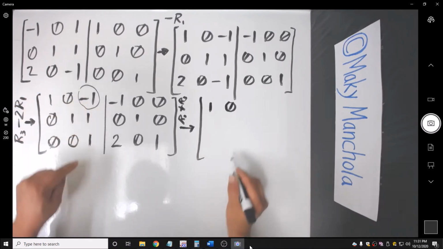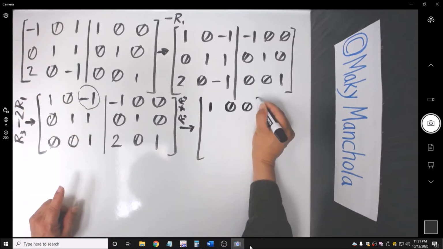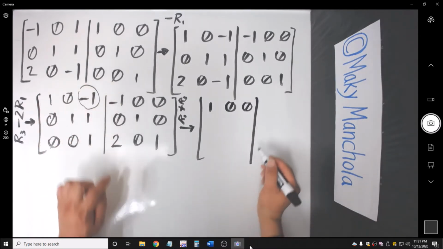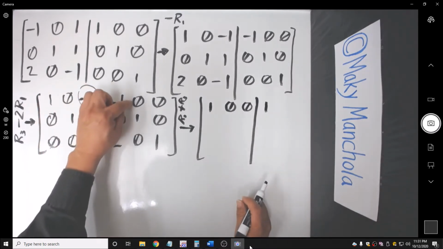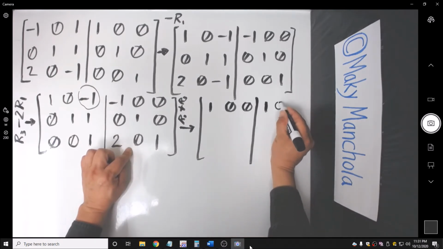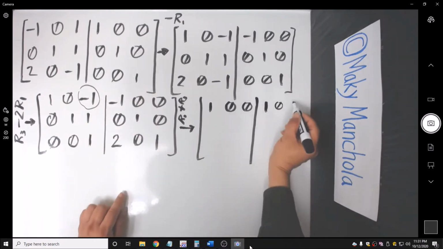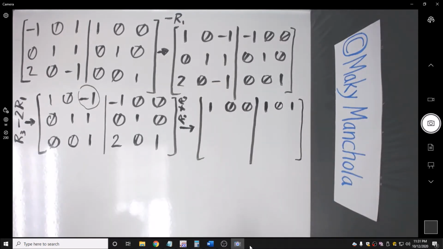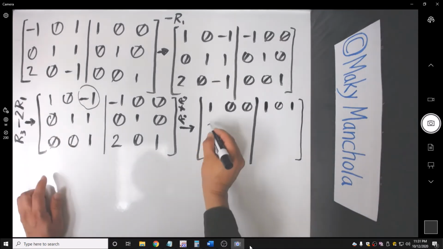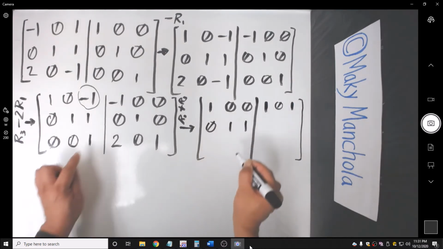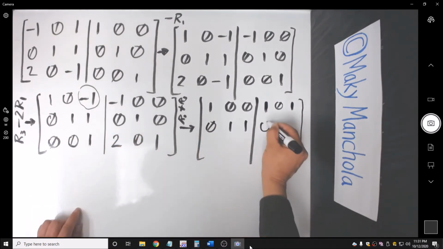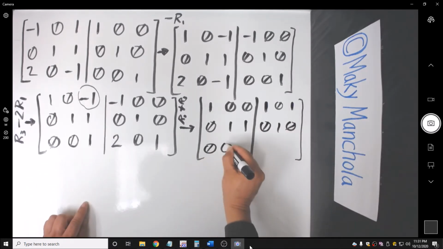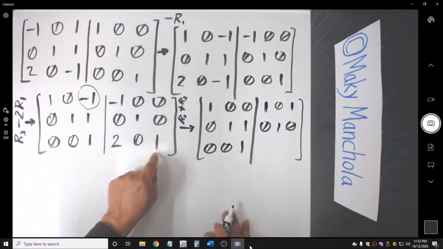Negative 1 plus 1 is 0. Mission accomplished. That's what we wanted. Negative 1 plus 2 is 1. 0 plus 0 is 0. 0 plus 1 is 1. Everything else remains unchanged. So 0, 1, 1, 0, 1, 0, 0, 0, 1, 2, 0, 1.